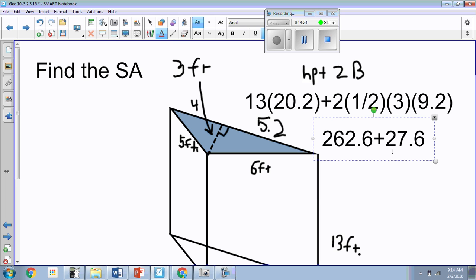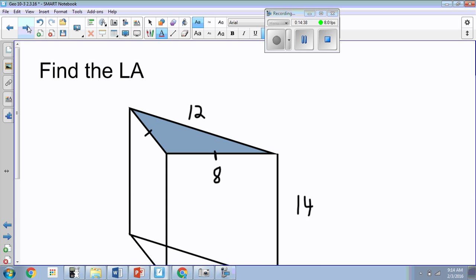So when I add these together, I'm going to come up with my final surface area of 290.2. So that would be my total surface area.